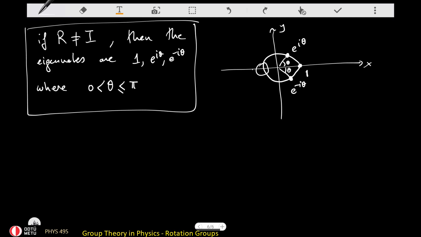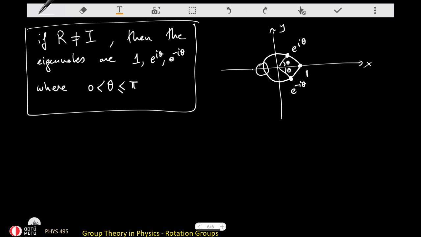In any case, one important conclusion in here is that one of the eigenvalues is equal to 1. So basically all proper orthogonal matrices have an eigenvalue 1. All proper ones. For improper ones, that would be minus 1, but that's something else.